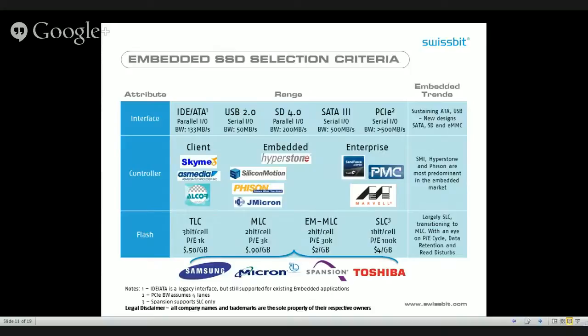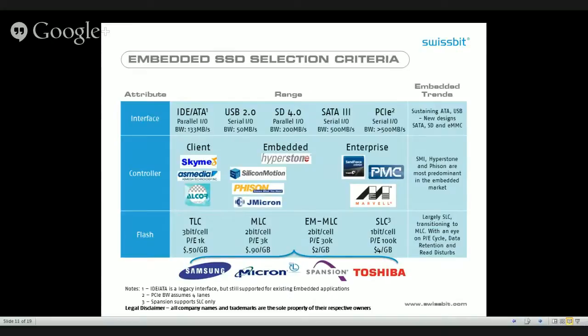This is a good thing for all of these suppliers because they're able to leverage economies of scale in developing their silicon and touch both the client and the embedded markets. So most embedded applications are using an SMI, Hyperstone, or Phison controller these days.